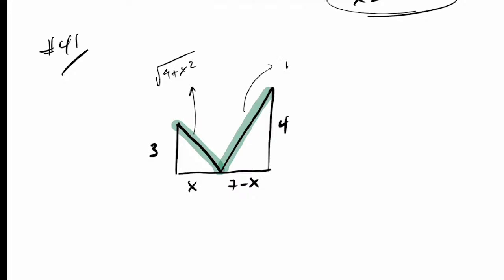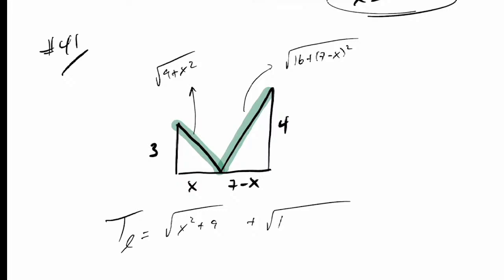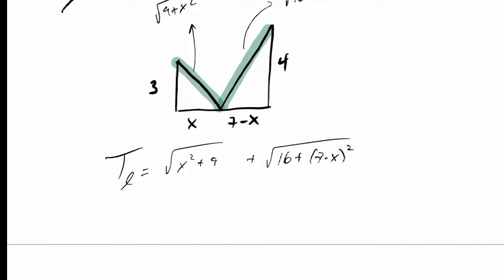And I know this length here is the square root of 16 plus 7 minus x squared. So the total length of this wire is going to be the square root of x squared plus 9 plus the square root of 16 plus 7 minus x squared. So I'm looking to minimize that.